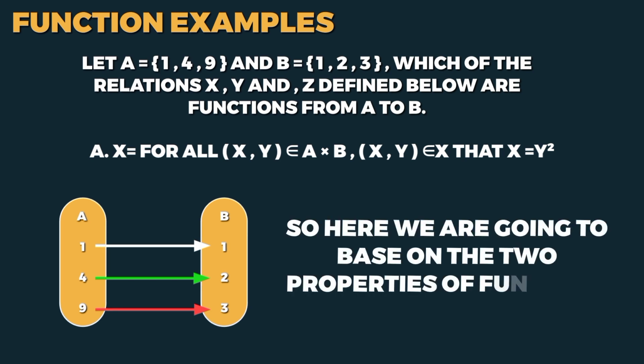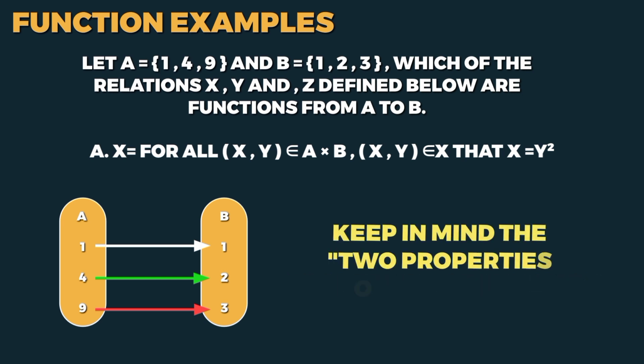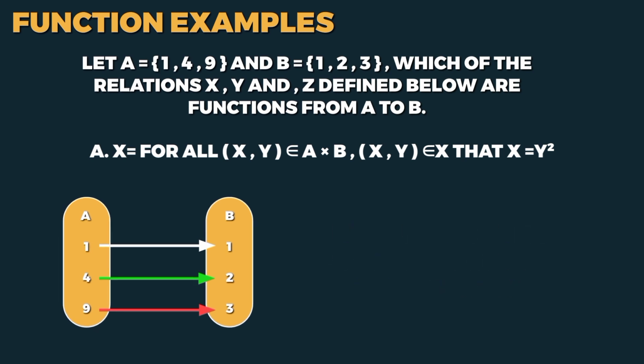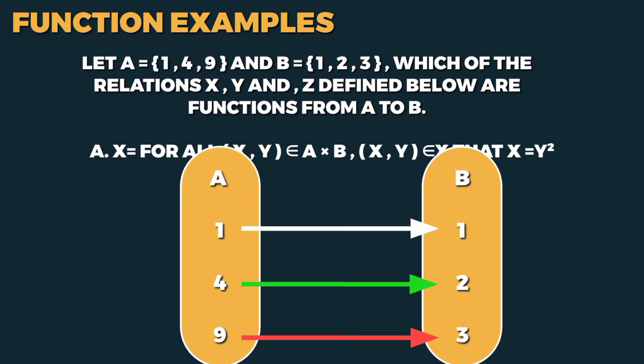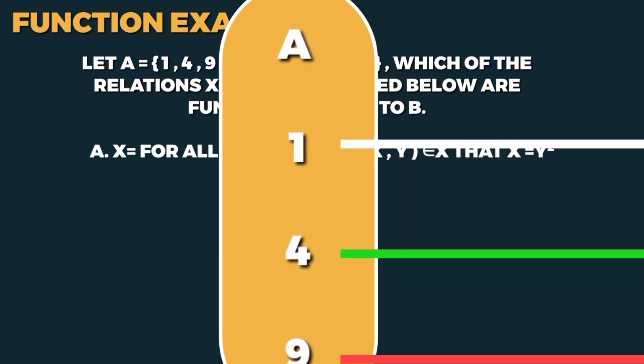So here we are going to base on the two properties of function. Keep in mind that it is really important to remember the two properties of function by heart. Let's check if it satisfies the first property: every element of A is the first element of an ordered pair.